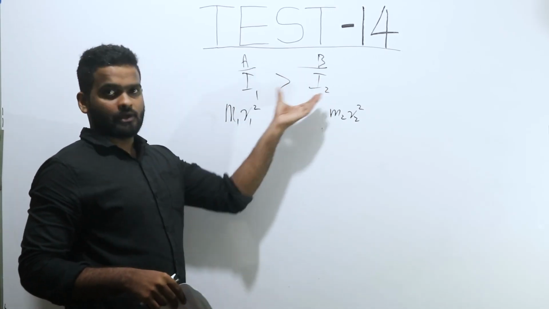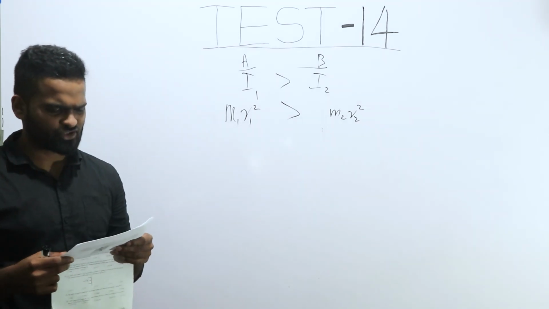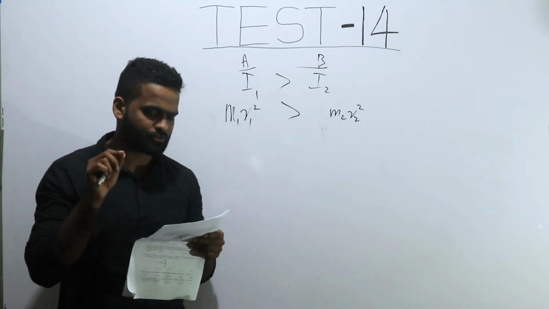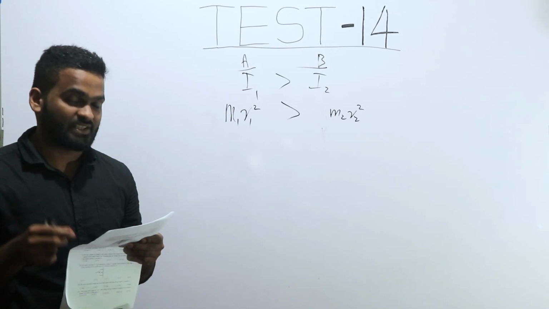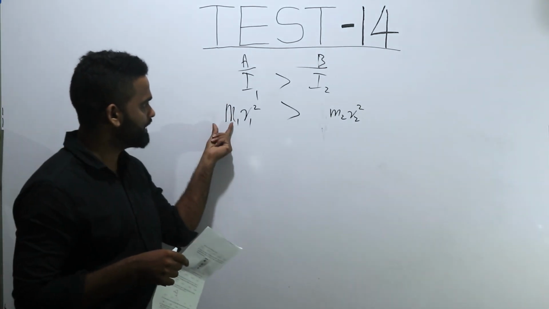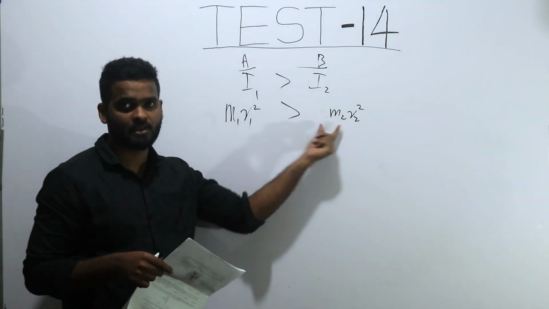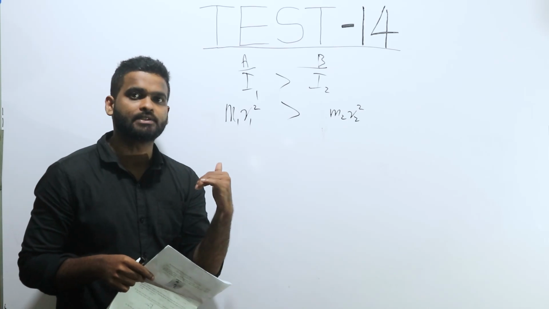So from this we can get this inequality. In the first sentence they say mass of A is higher than mass of B. So what they ask is, is this correct for sure? Can we say that mass of A is higher than mass of B, just looking at this inequality? Can we conclude that?